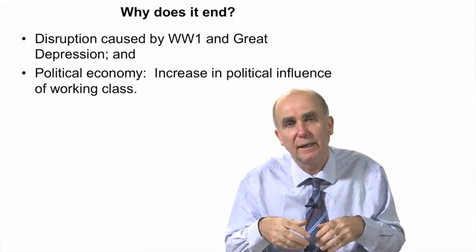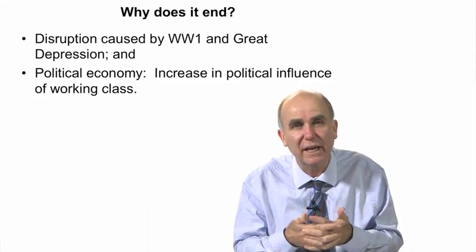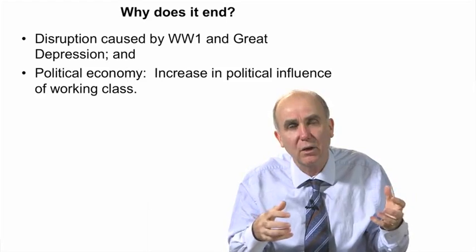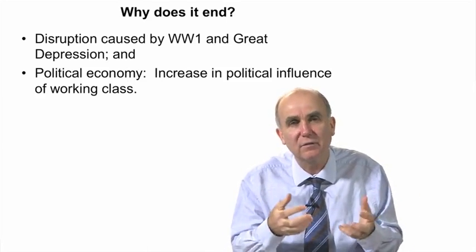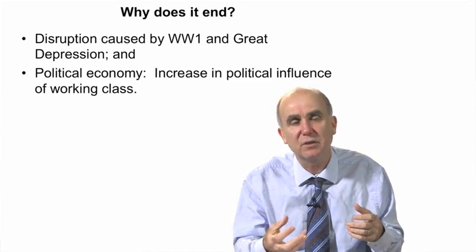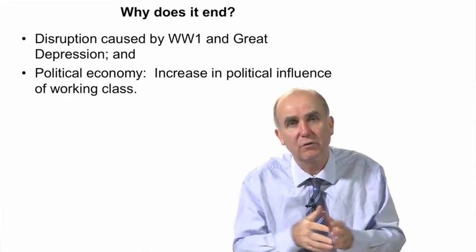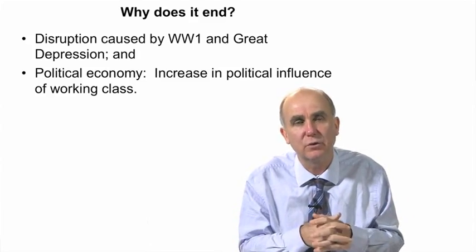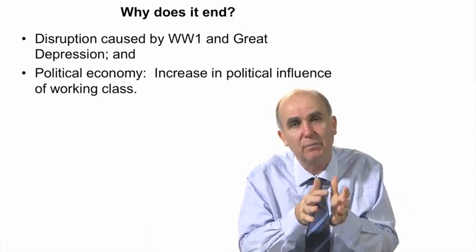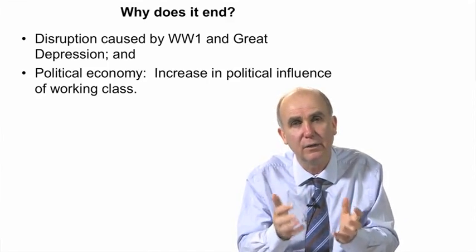And so again, that becomes a basis for increasing protection against international trade. So political economy factors, the change in the balance of political power, increasing influence of the working class seems to have led to the adoption of policies that worked against this first era of globalisation and ultimately contributed to its end. In the next section of this lecture, we'll talk about one particular aspect of this first era of globalisation, and a very important part, the gold standard.